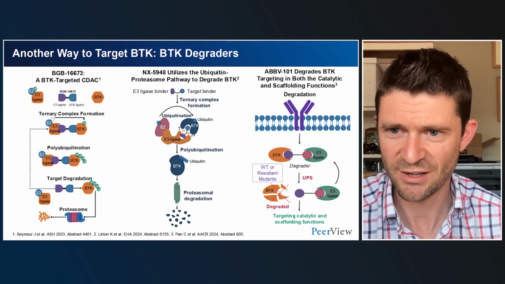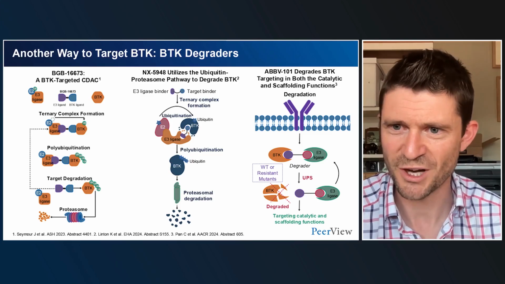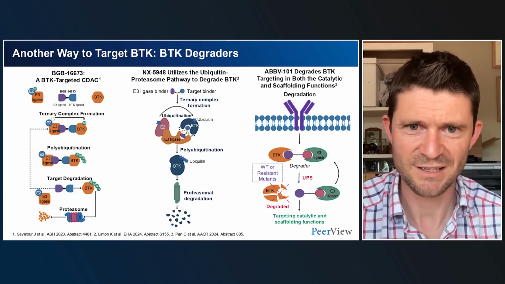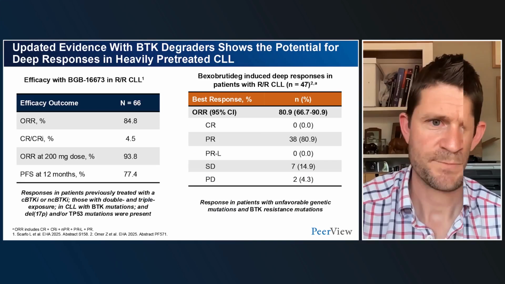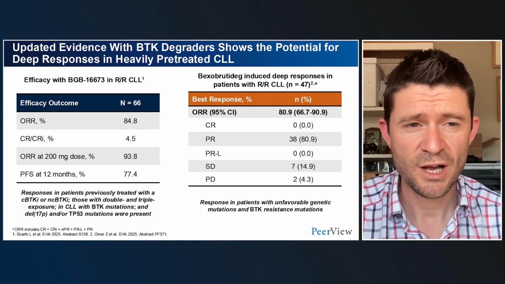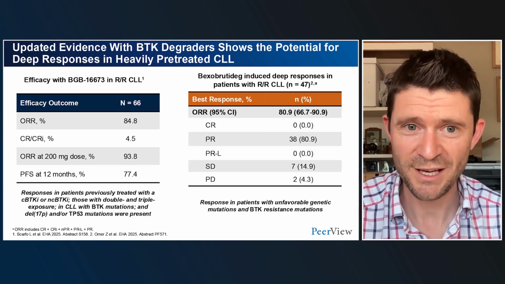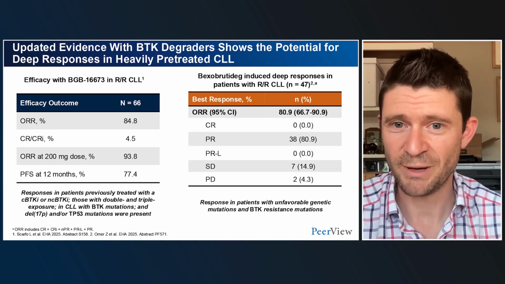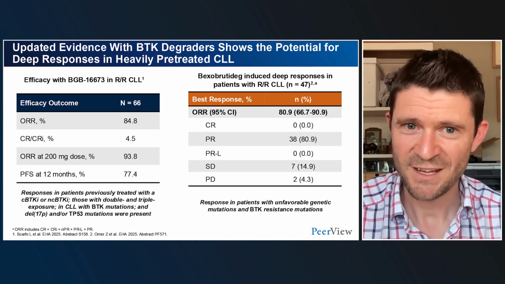So it's a very exciting concept. And BTK is a natural initial target in lymphoid disease, and you can see there are different agents in development. Now, we've seen relatively small data sets over the last year or so looking at both BGB-16673 and the Nurix compound, which now has a name, which is bexobrutideg.